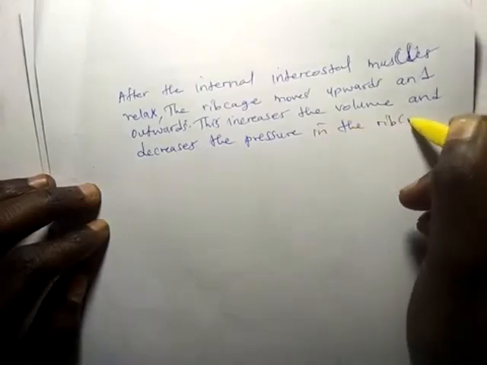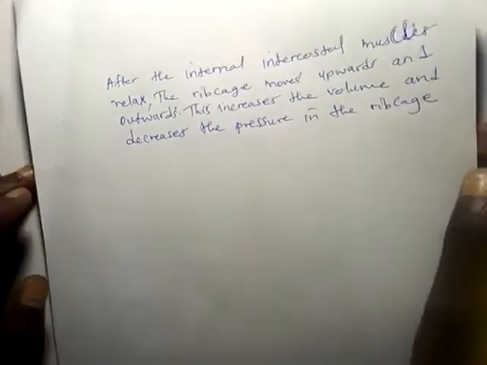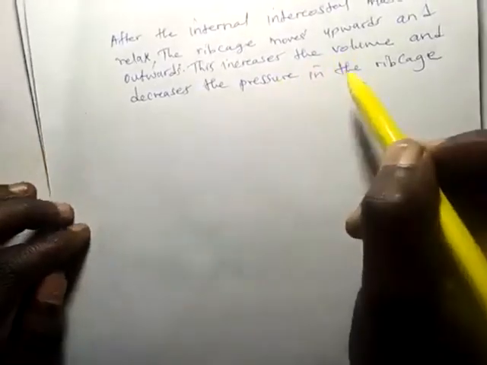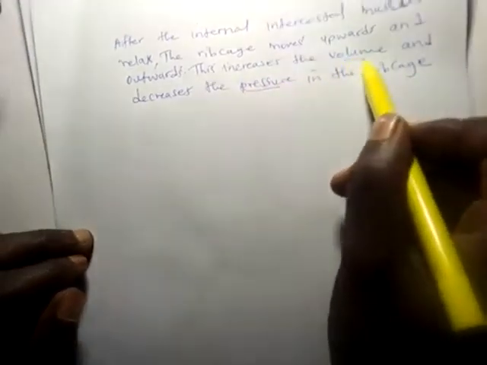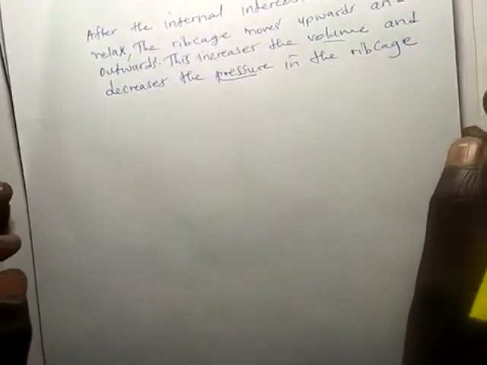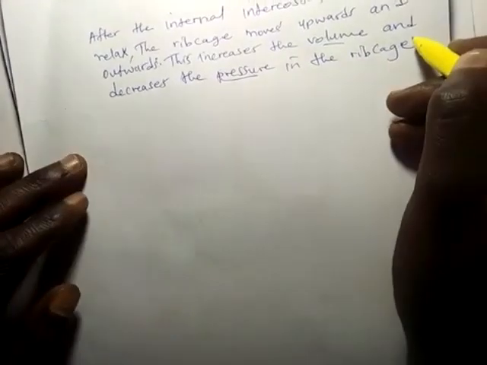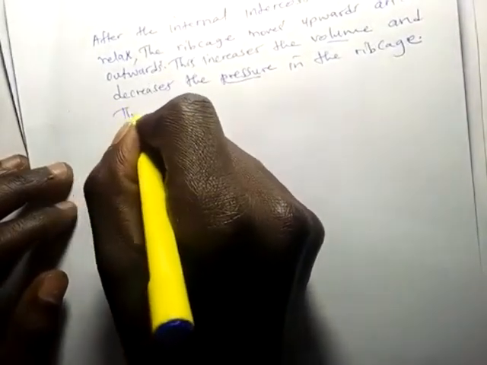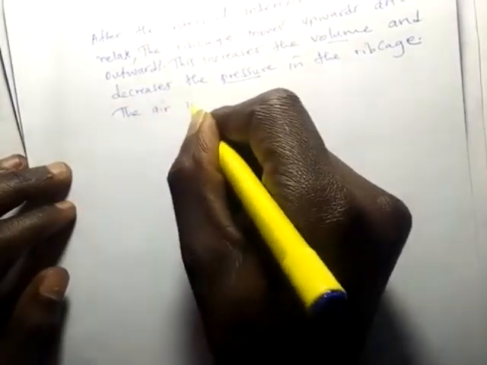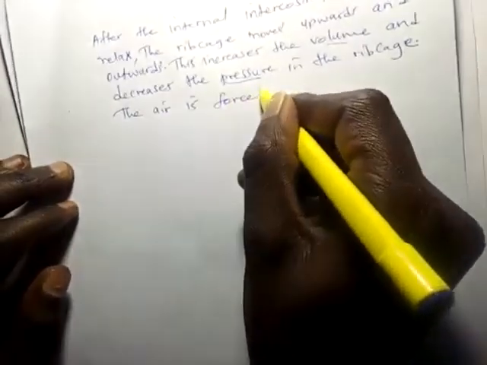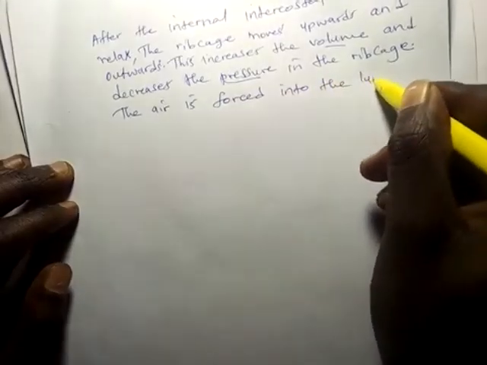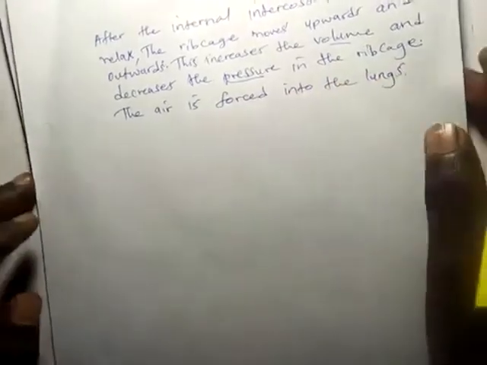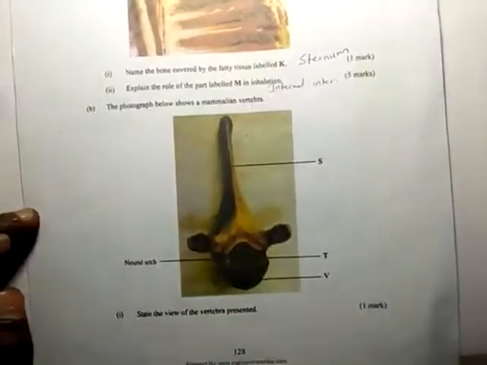We have said that is the rib cage M. Now the pressure has decreased and the volume has increased, now the air is forced into the lungs. That is the role of the part labeled M.